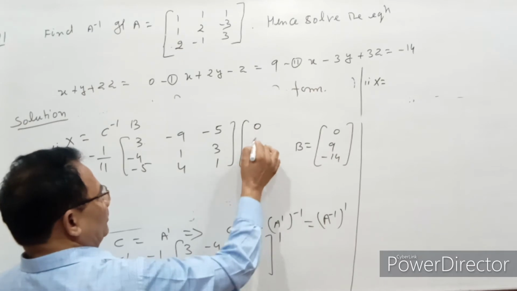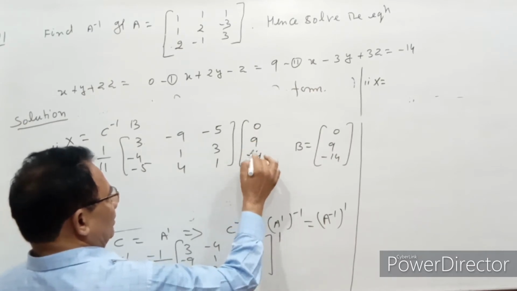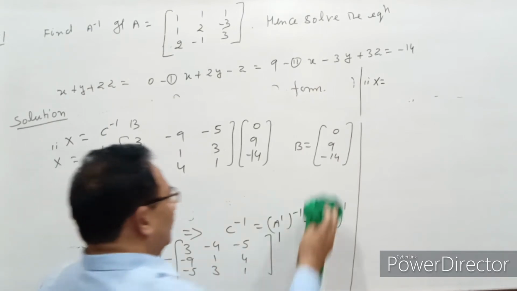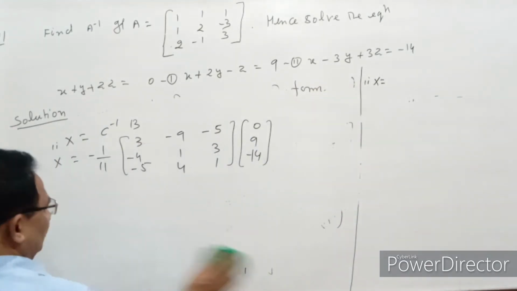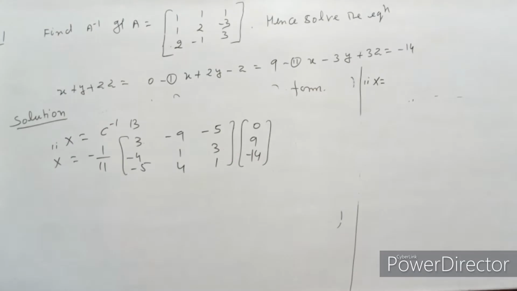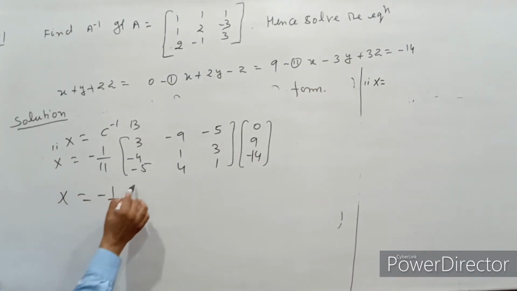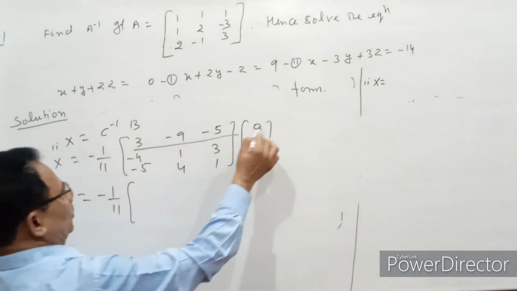B, 0 9 and minus 14. So therefore the value of X is equal to minus 1 upon 11, multiply row by column.